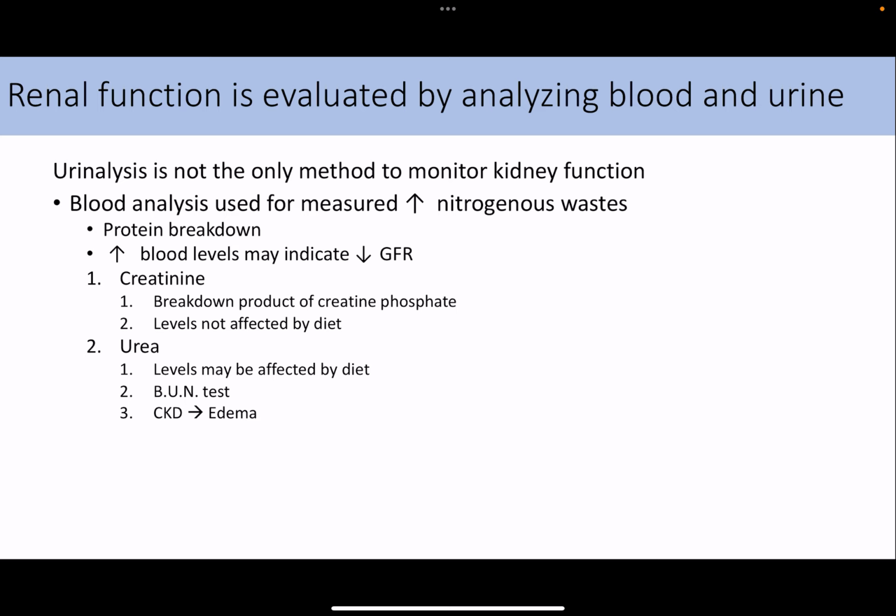Urea is one that they'll test for as well. There is something called a BUN test, a blood urea nitrogen test, to see what's in your blood and to look at what your kidney function is like. But these levels may be affected by your diet. So you're going to have higher levels of urea if you're eating things like lunch meats.